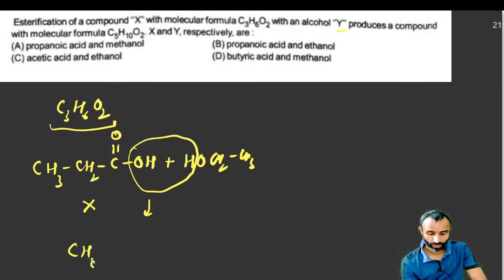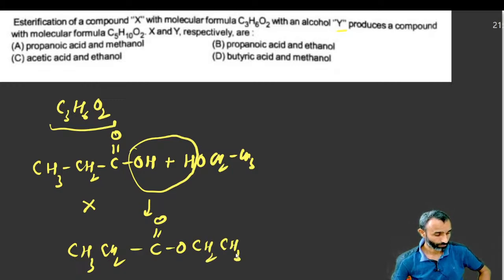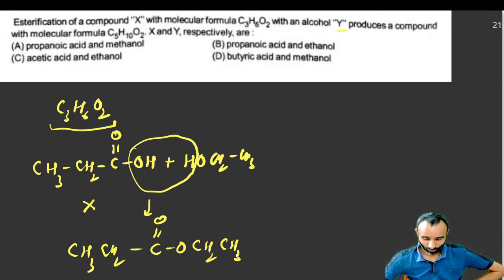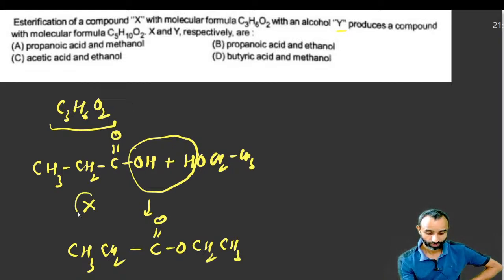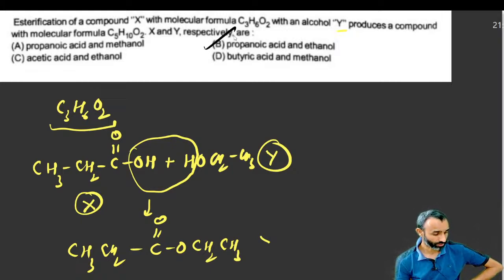And we get CH3, CH2, C double bond O, O, CH2, CH3. So X is propanoic acid and Y is ethanol. That means B option is correct.